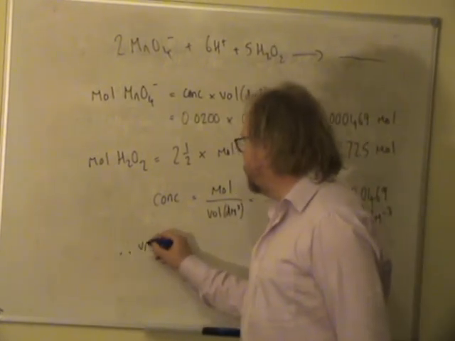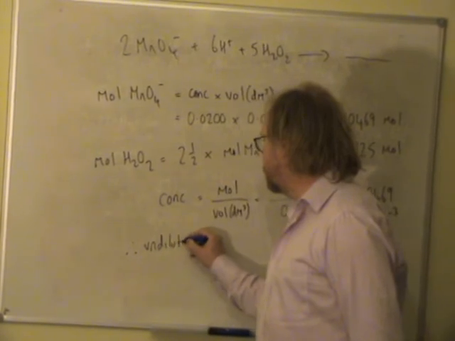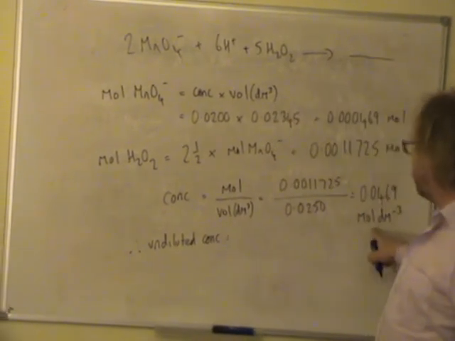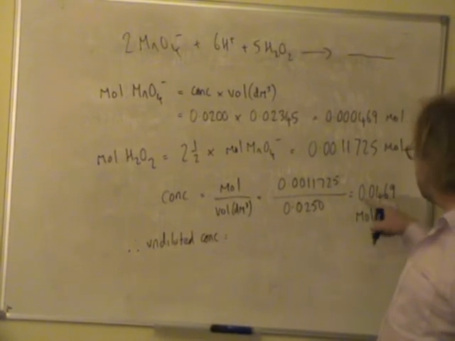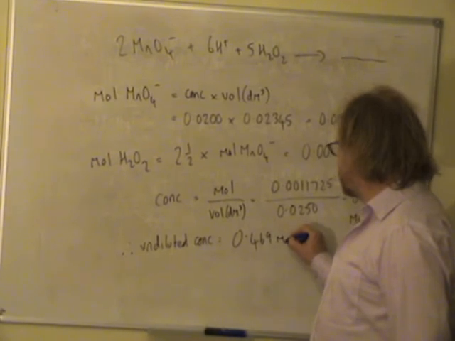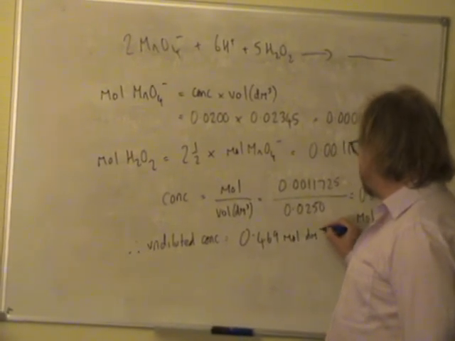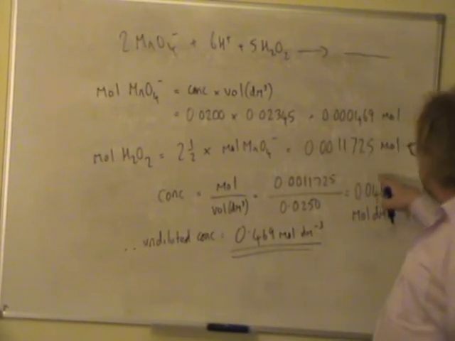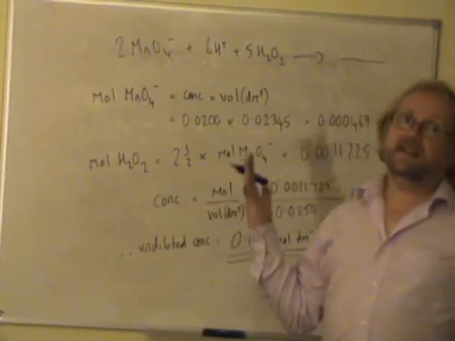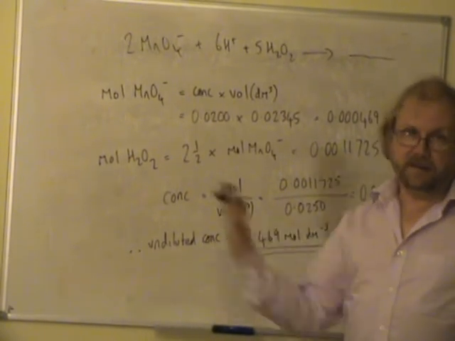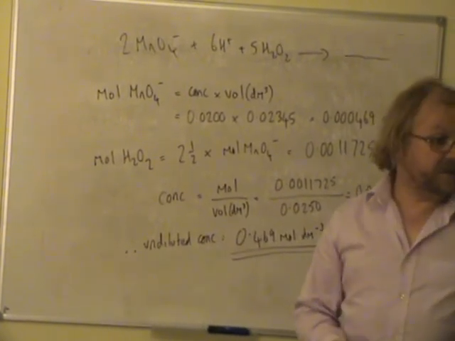So the undiluted concentration is just 10 times the value that it was when we used in the experiment. So we just multiply that number by 10, is 0.469 moles per dm cubed. Okay, and that's multiplied by 10 because it was 10 times less dilute before the volume was increased.